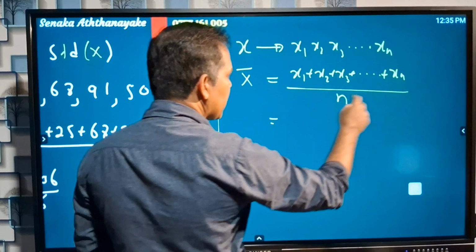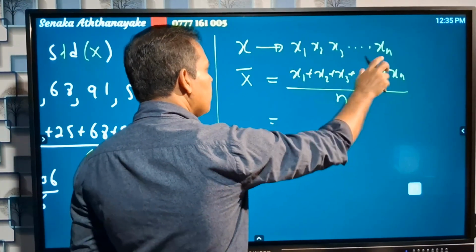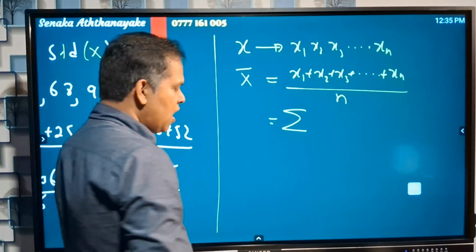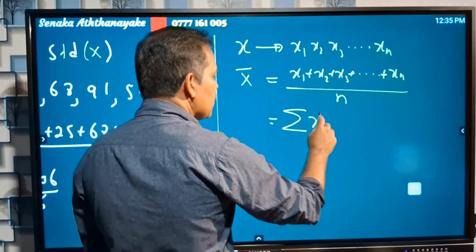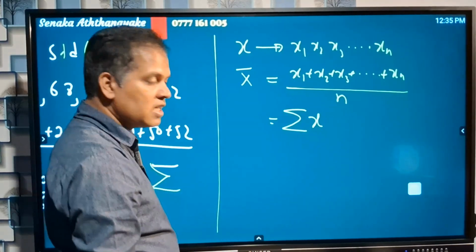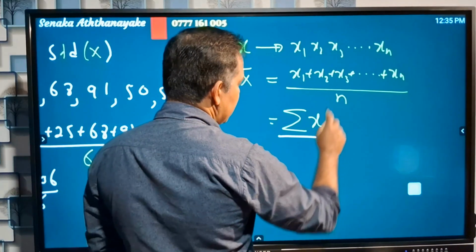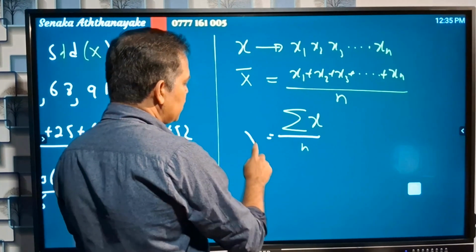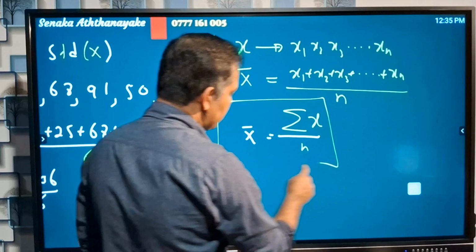In this numerator, we consider the sum of all these values, so it can be denoted by sigma of which value? X value. So that is sigma x, and this should be divided by n. If you want a formula for this x bar, you can use this formula.